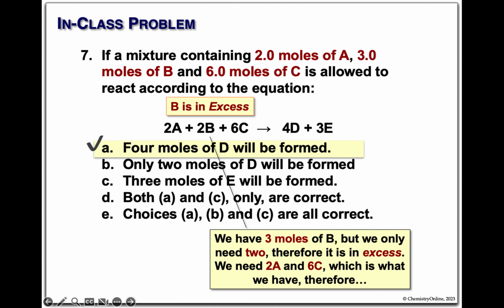So that's wrong. 3 moles of E will be formed. We have everything we need. With D in excess, we can get 3 E's. And that means that both A and C are correct. Any questions?